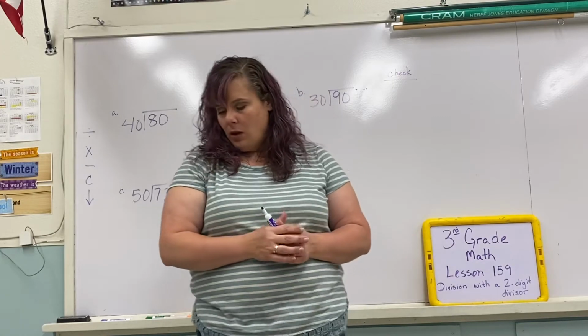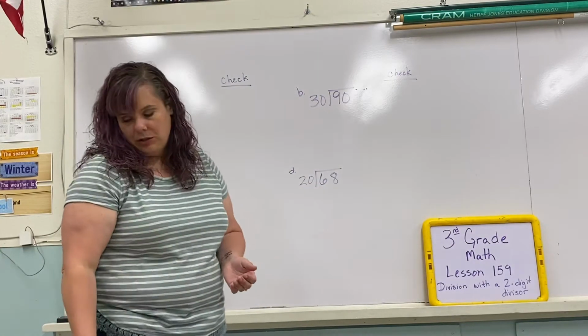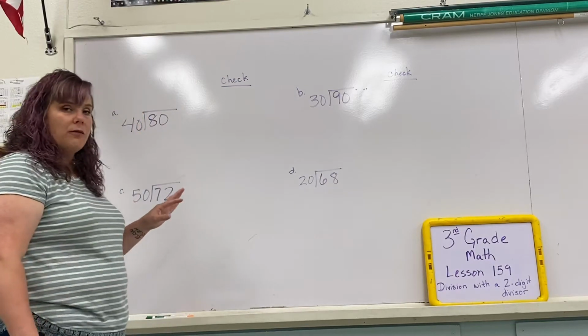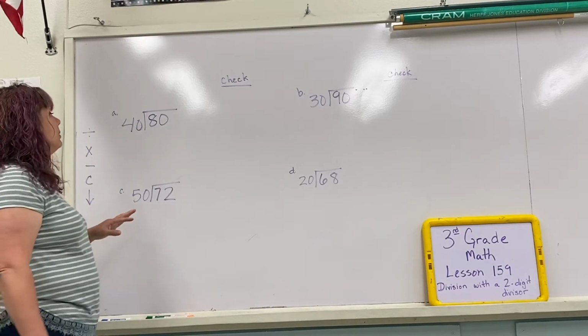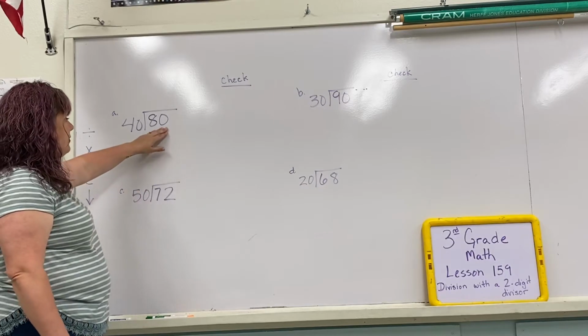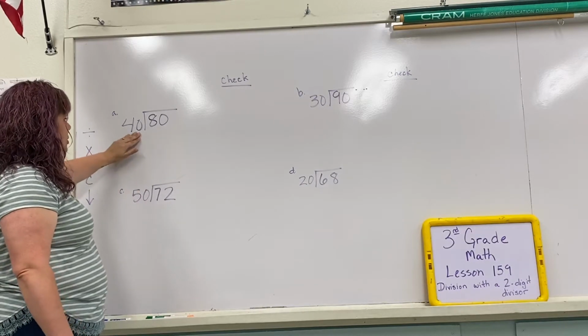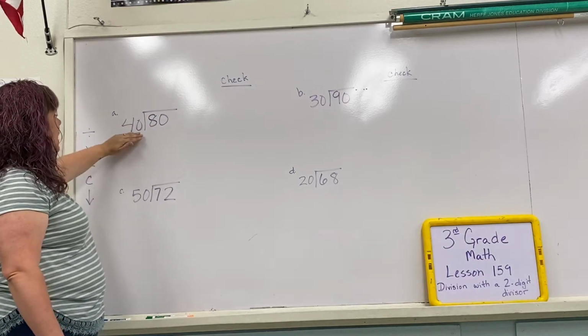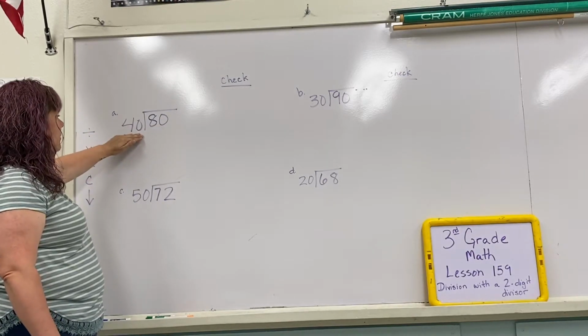All right, so now we're talking about division with a 2-digit divisor. Remember the names of the parts of the division problem. We have a dividend, divisor, and quotient, okay? We're talking now about 2-digit divisors.